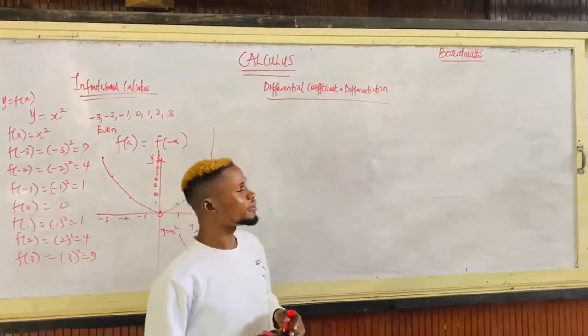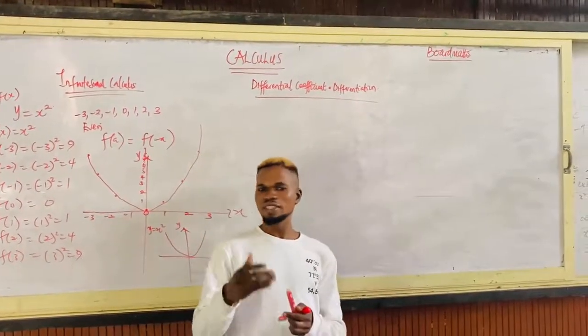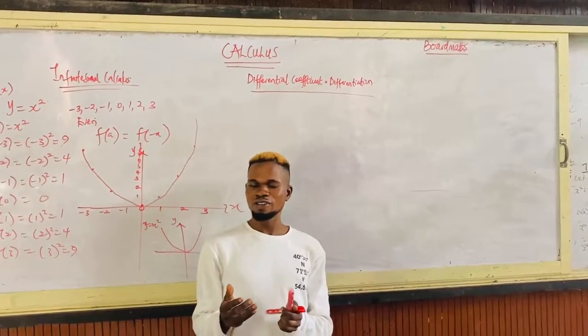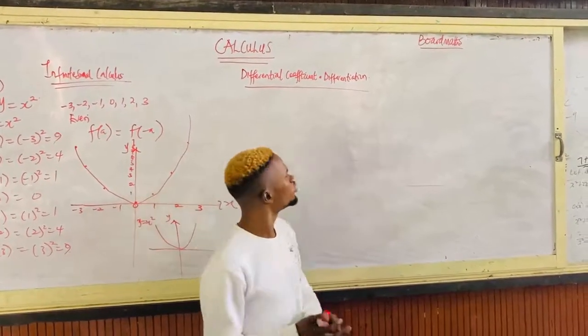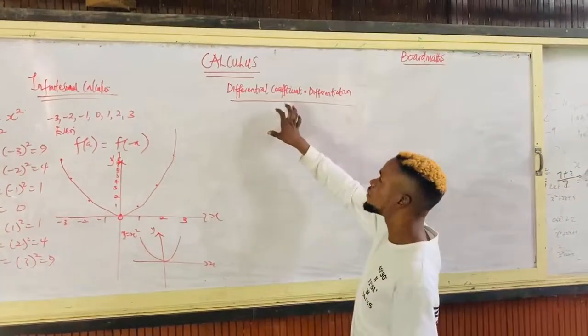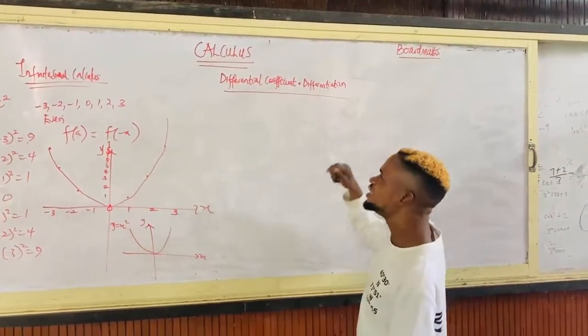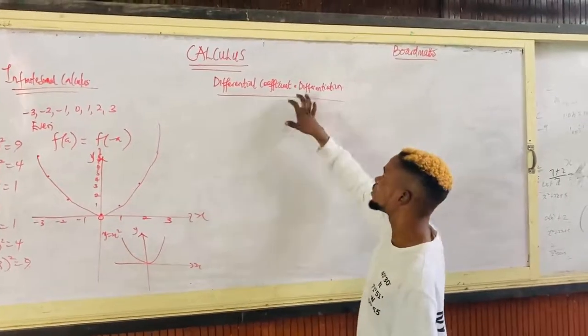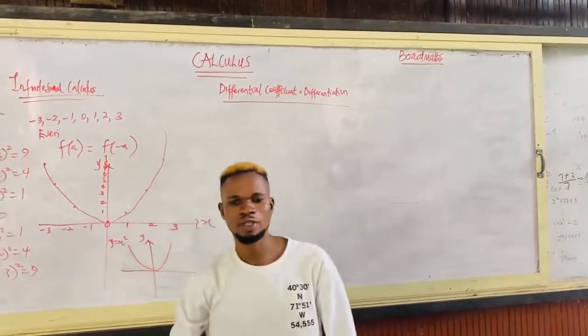The process of finding the differential coefficient or the derivative of a function is called differentiation. So differentiation means finding the differential coefficient of a function, or the derivative of a function.